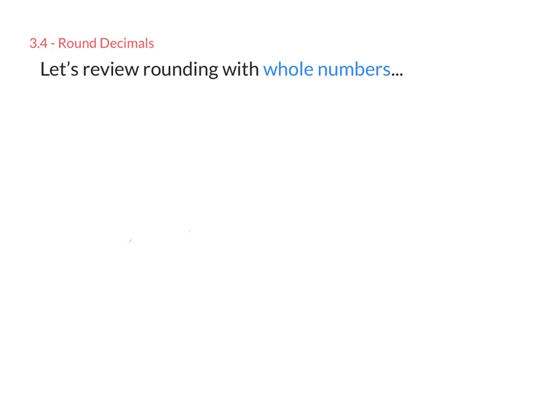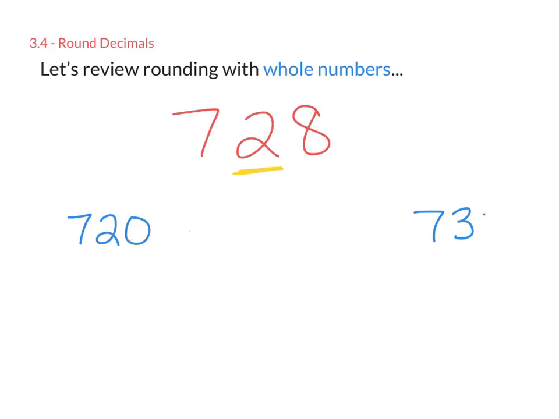All right, what if you have the number 728? And again, I'm going to say let's round to the tens place. Okay, so 728 is between 720 and 730. Right, 728 is greater than 720, less than 730.